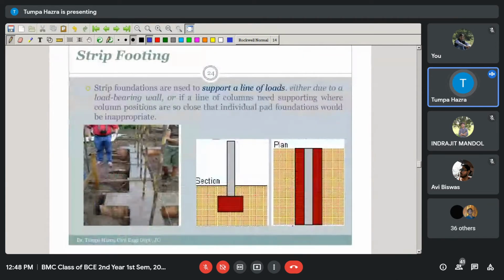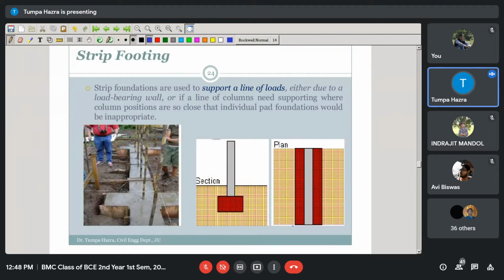Now, strip footing. The combined footings I discussed carry the load of two or three columns; generally combined footings are constructed to carry the loads of up to two or three columns.